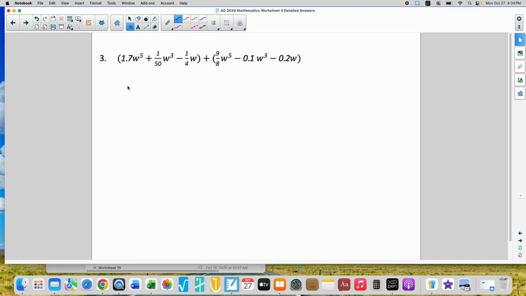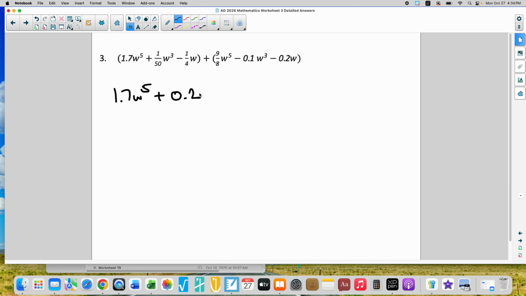So we've got all these different coefficients, which is kind of not fun. I guess I can turn all those into decimals. So we'll convert them all to decimals. 1/50th is going to be 2/100ths.